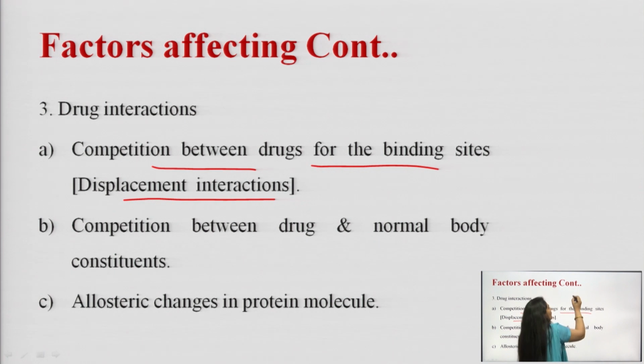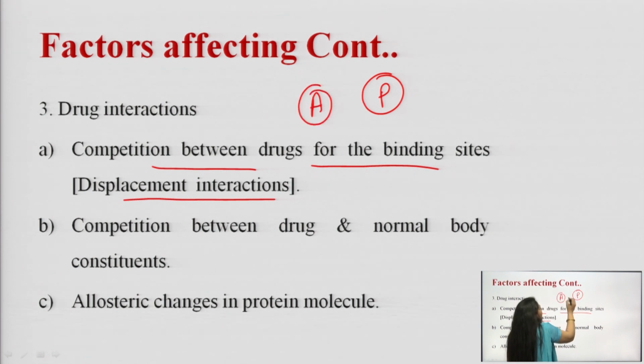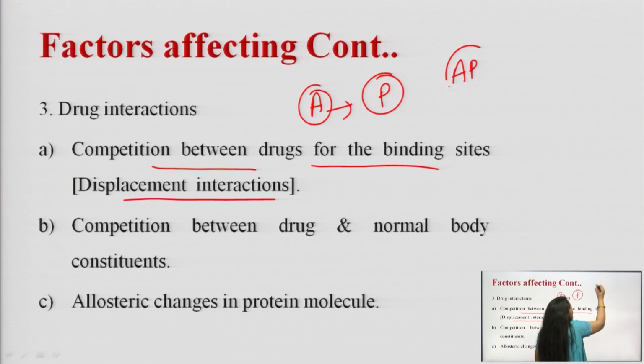Suppose this is the protein and a drug A has affinity to bind to this. This will result in the formation of this complex.